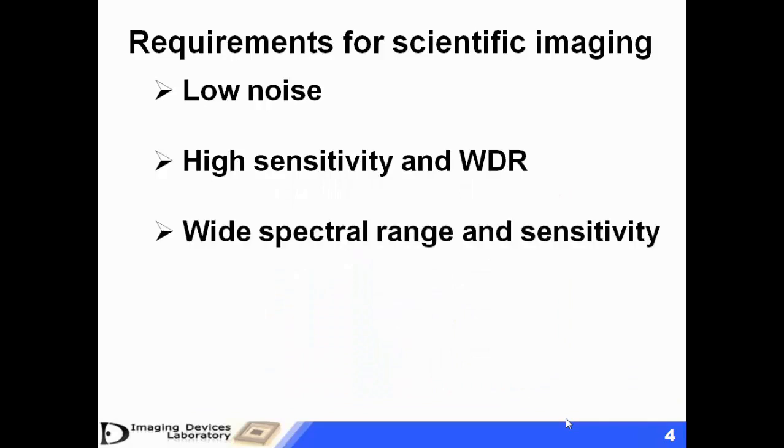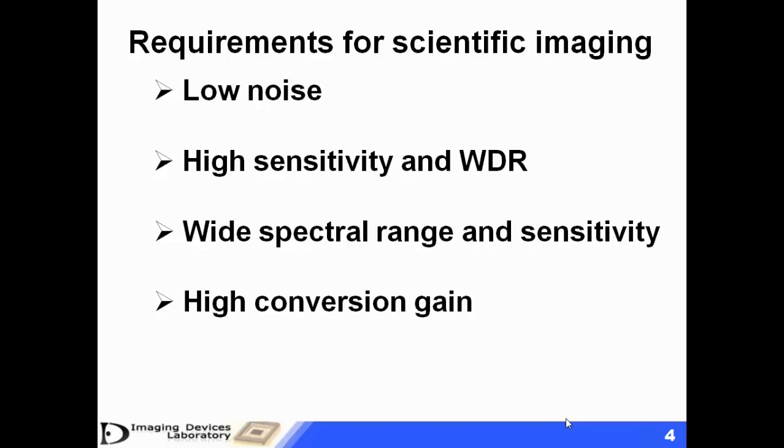The third is wide spectral range and sensitivity, for observing invisible areas such as UV, X-rays and near infrared, as well as of course the visible area.